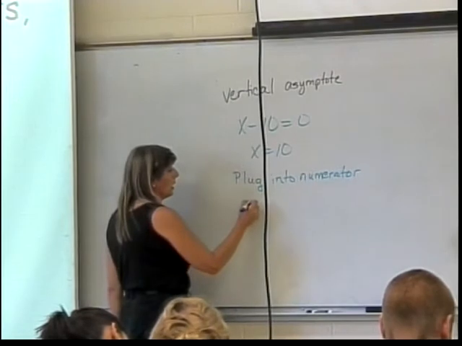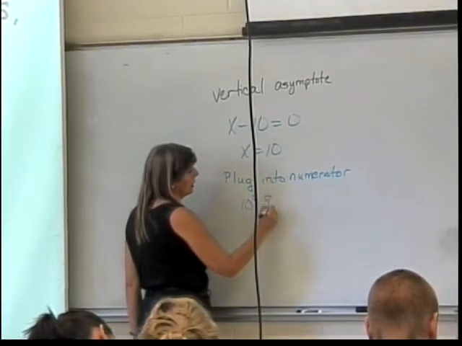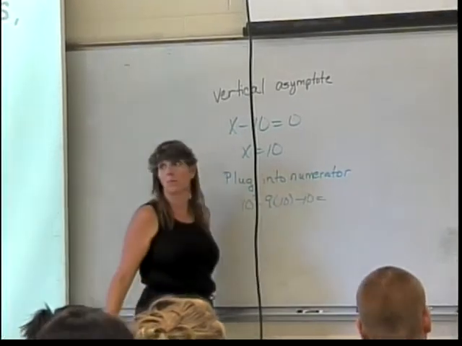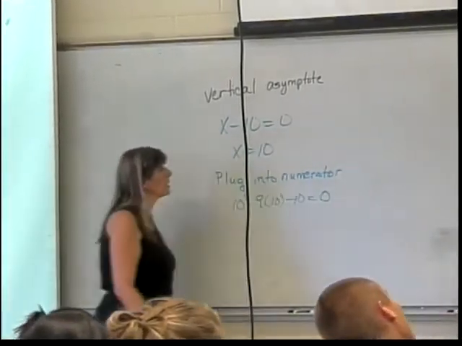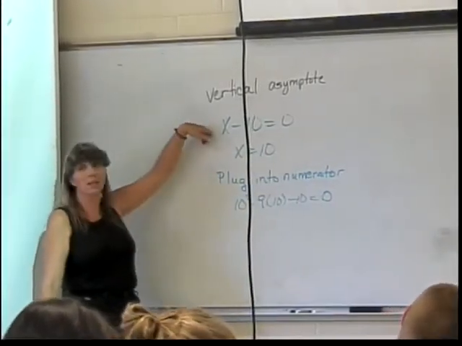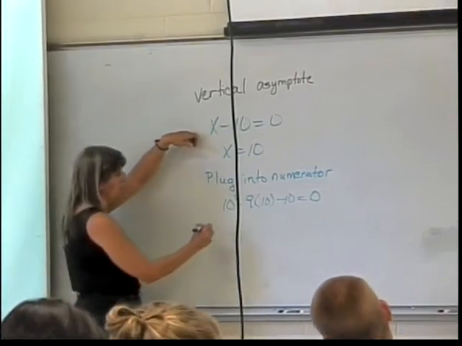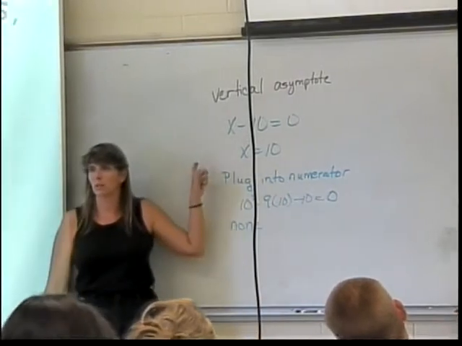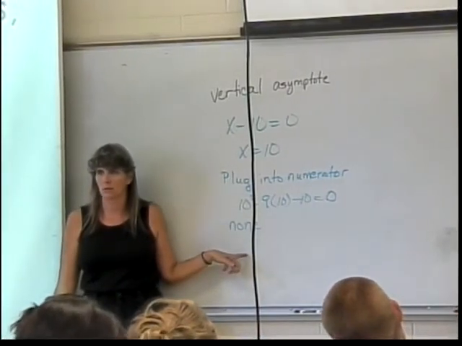And when I do that, I get 10 squared minus 9 times 10 minus 10, which equals 0. If it makes both my numerator and my denominator 0, then it cannot be a vertical asymptote, so there are none. That's what I thought. The only option got tossed out.